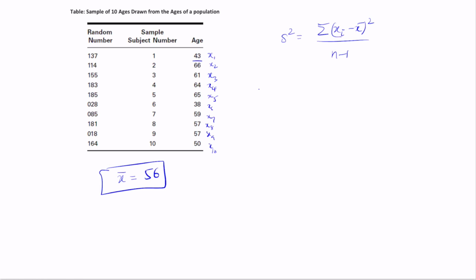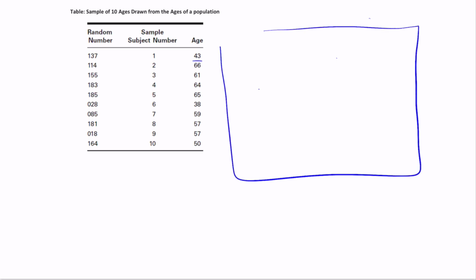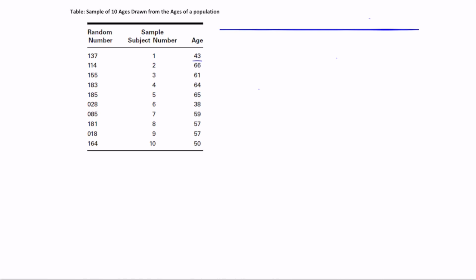How do you write the table method? The first column is the observations xi. The second one is x bar.